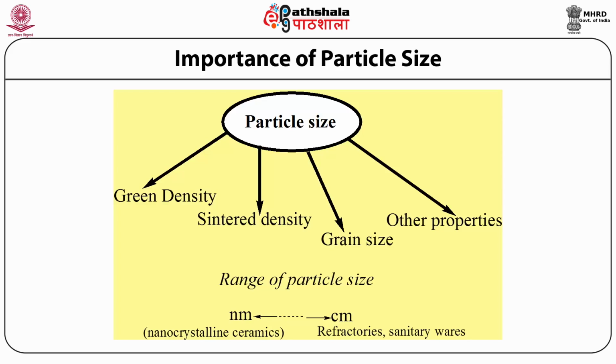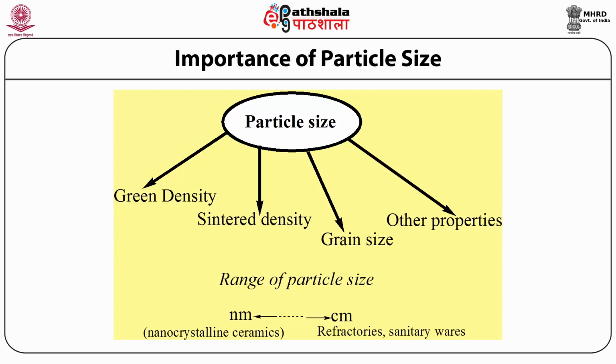In general, finer powder needs a lower sintering temperature and leads to higher sintered densities, a finer grain size, and an improvement in properties. However, a fine powder is also more difficult to process and may require special processing steps.